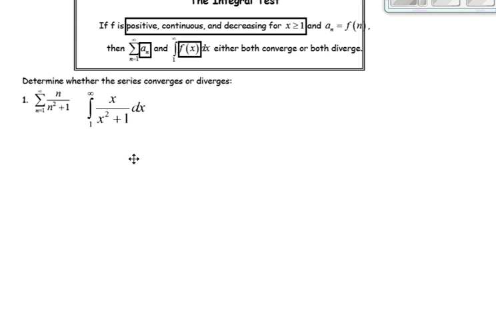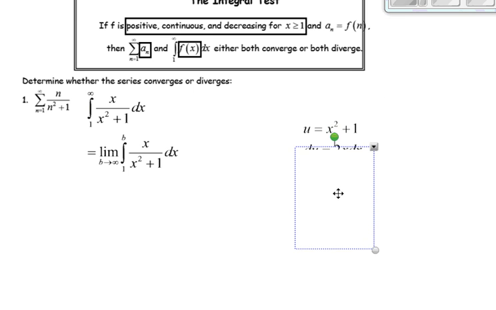All right, so the first thing we want to do, when we have an improper integral, remember, we want to take the limit. And so we're going to take the limit as b approaches infinity of the integral from 1 to b. And then we're going to have to use u substitution for this integral. So we want to make u be x squared plus 1, and then du would be 2x dx.